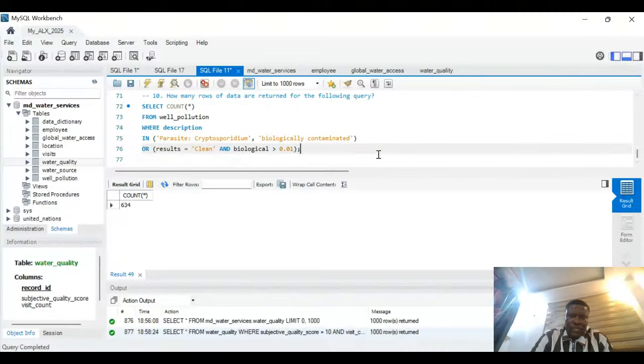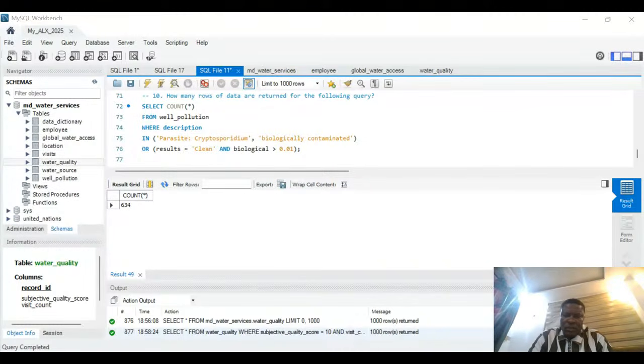If you have not changed anything over there, once you execute it, this one is counting rows in the well pollution table where description, let me see if I still have not lost. Okay, I think we are still there.